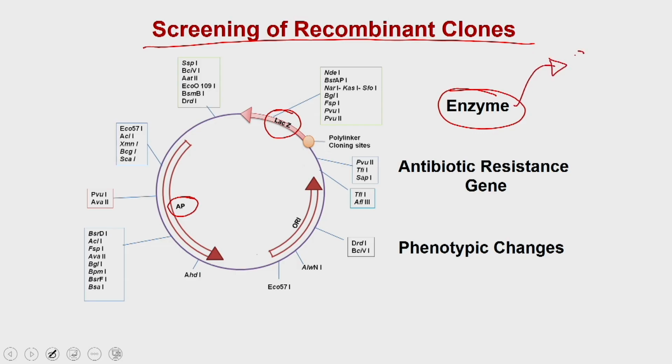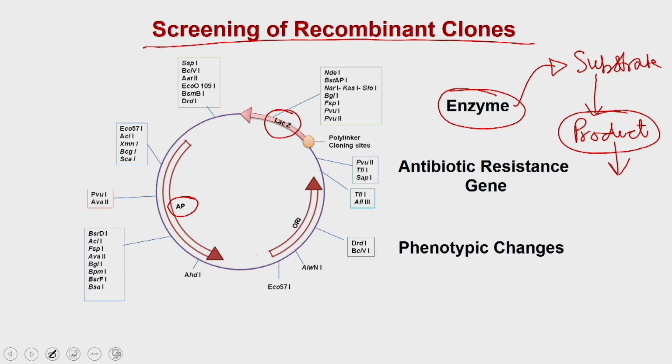Either you can use a substrate, and this substrate may get converted into the product by this particular enzyme, and this product may be of a unique color, or it may give you some kind of indication that the enzyme is active.